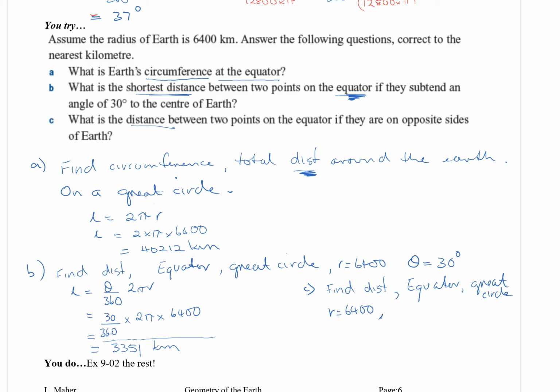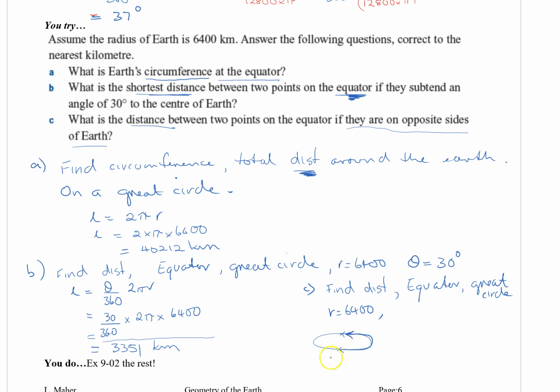If they are on opposite sides, so they're on the equator, and exactly opposite means we've gone around to here. If it's exactly opposite, it's gone half the way around. So we want half of this answer here.